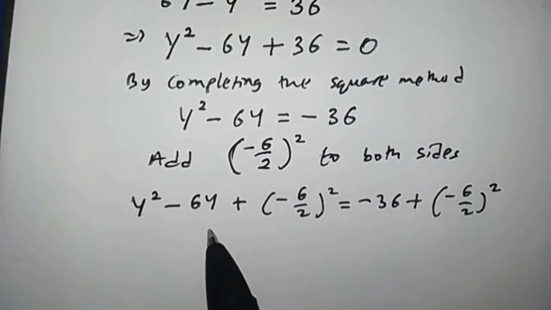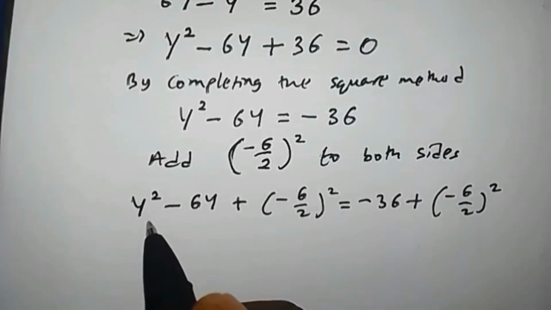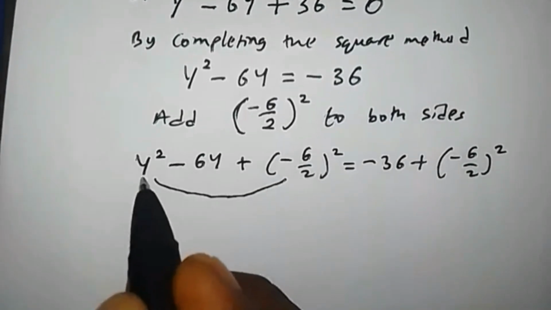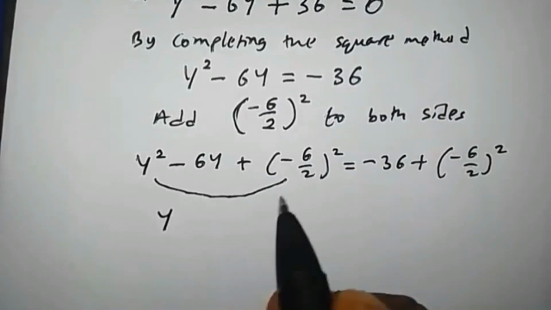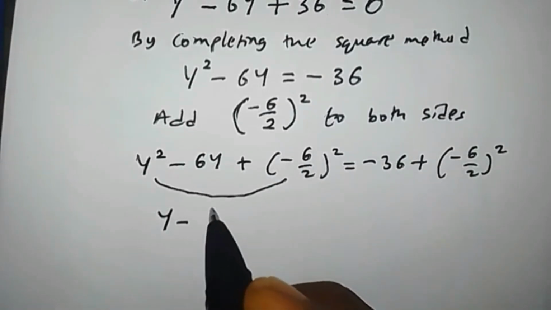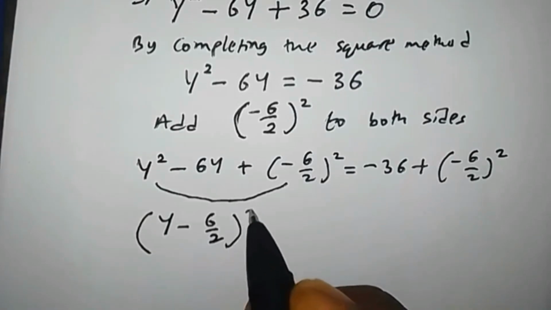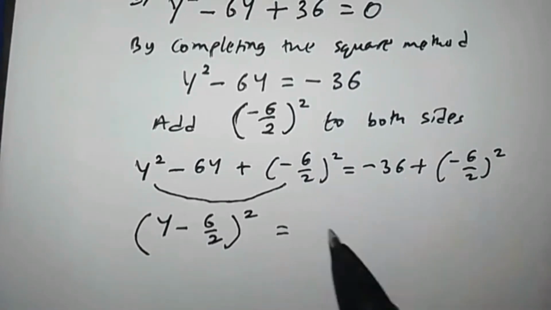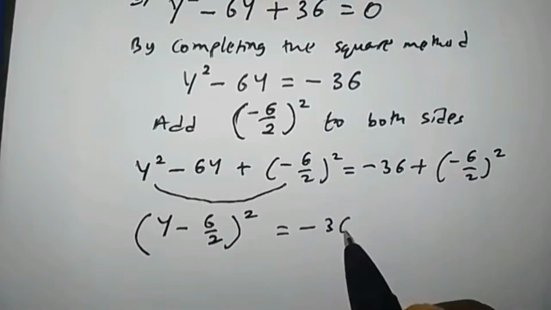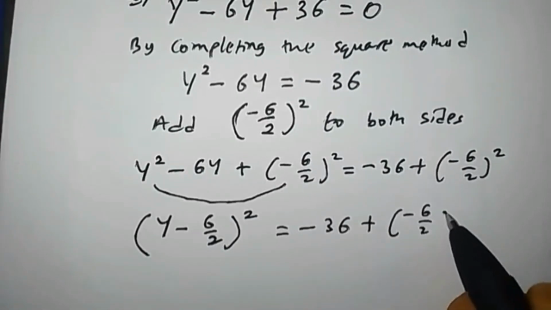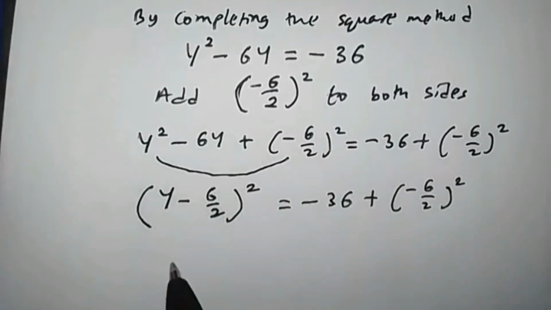I can combine the left hand side, so that will be y minus 6 over 2 all squared, equals the right hand side, minus 36 plus minus 6 divided by 2 all squared.